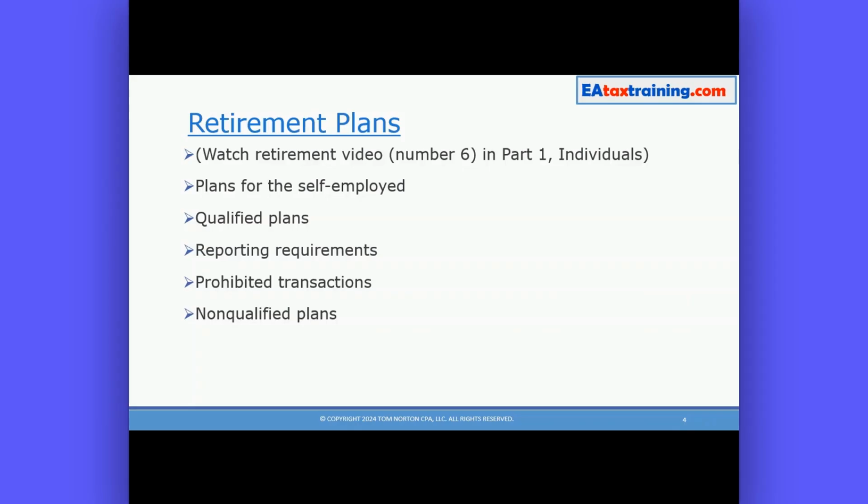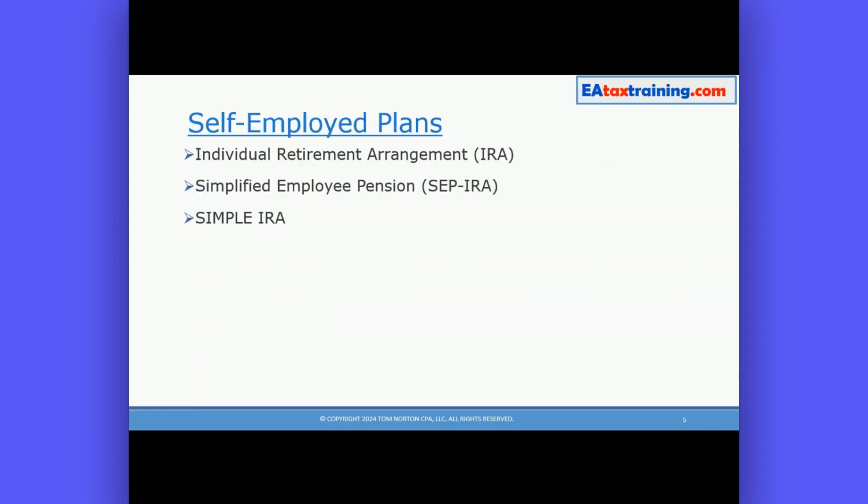In this video in particular, we will cover plans for the self-employed, qualified plans, reporting requirements for retirement plans, prohibited transactions, and then non-qualified plans. For the self-employed, we've got 3 types of plans primarily we're looking at.